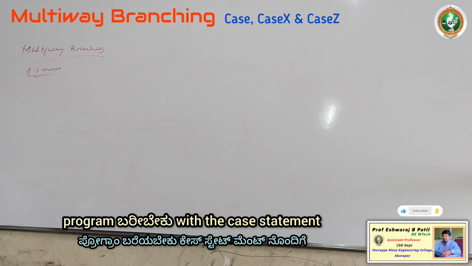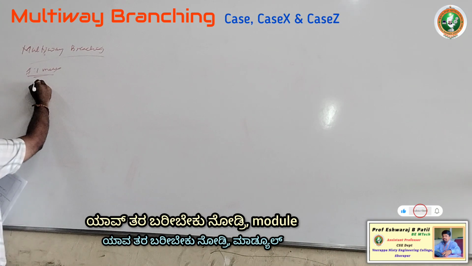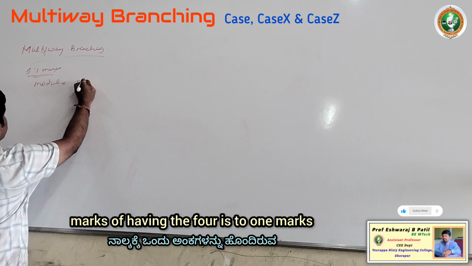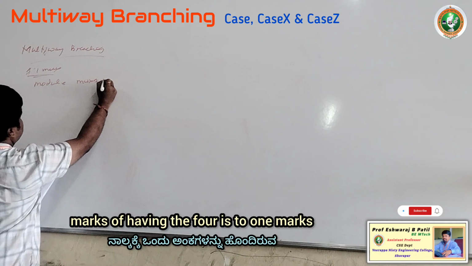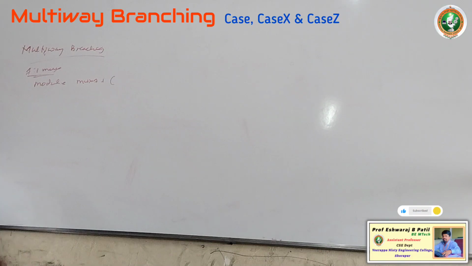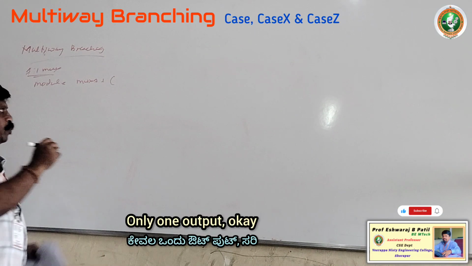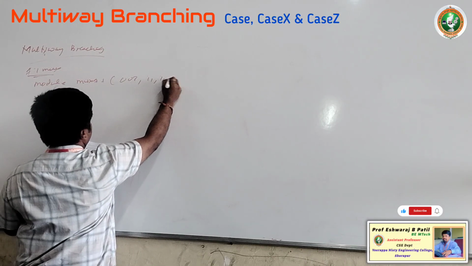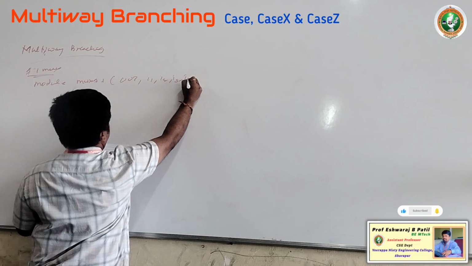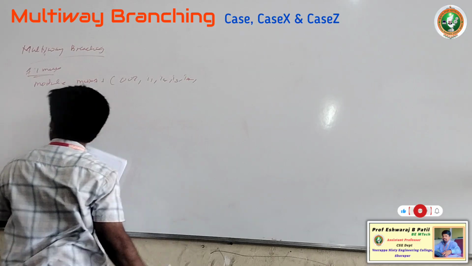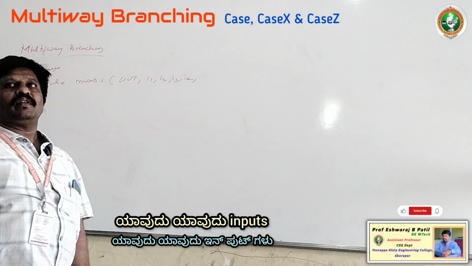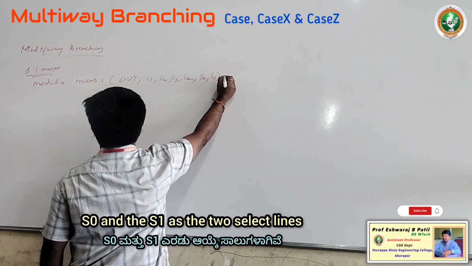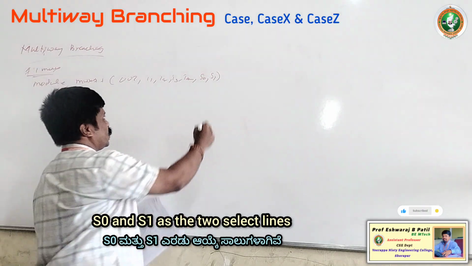A 4:1 mux has only one output. The inputs are I1, I2, I3, I4, and there are two more inputs, the select lines S0 and S1.